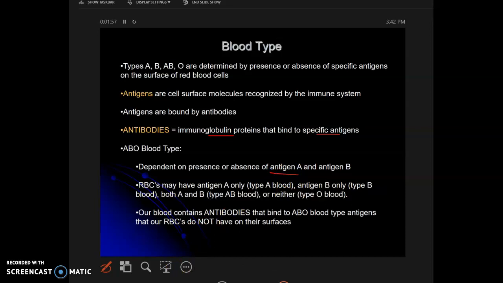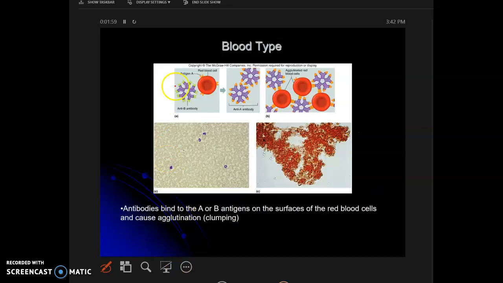Let's see this slide so you'll understand better. This is type A blood. So what's type A blood? As you can see, the RBC has this specific molecule called A. And type A blood will have an antibody, and think of an antibody as a soldier.